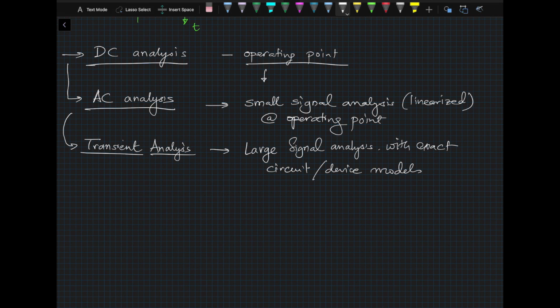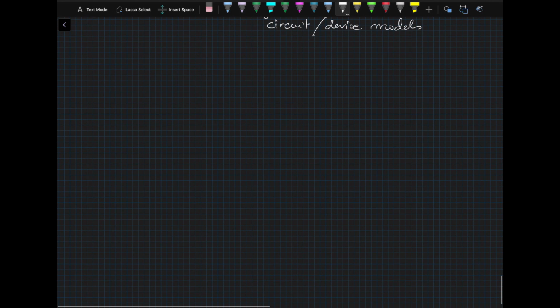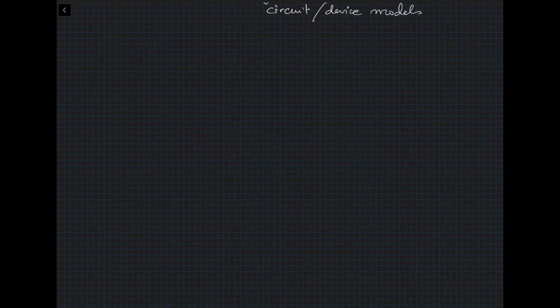So now let's take another example. Here I'm going to take a FET, a MOSFET amplifier, an NMOS amplifier. Again, the intent is not to complicate matters for you, but to simplify. So we are going to do a very simple NMOS amplifier.